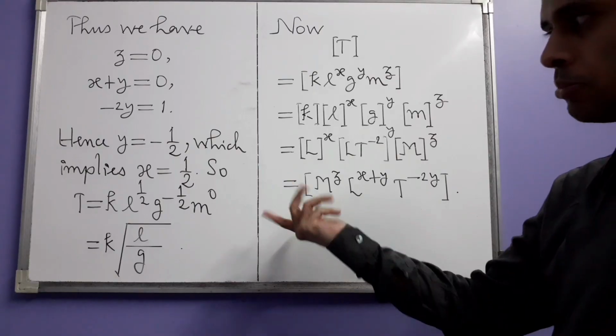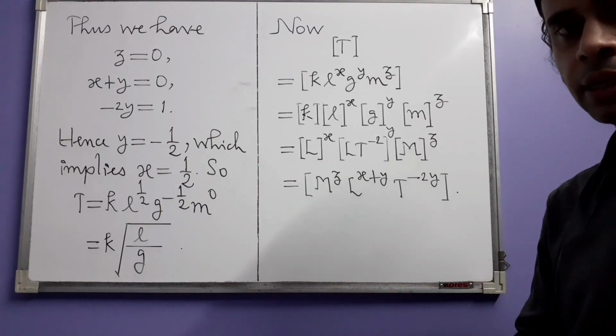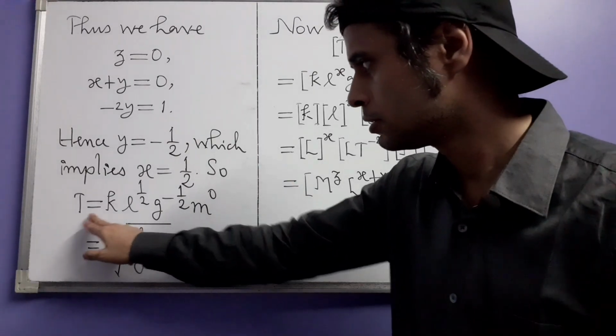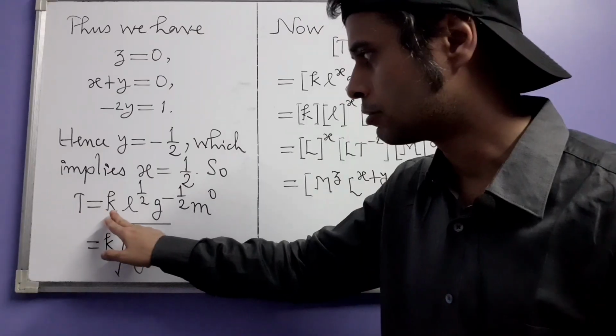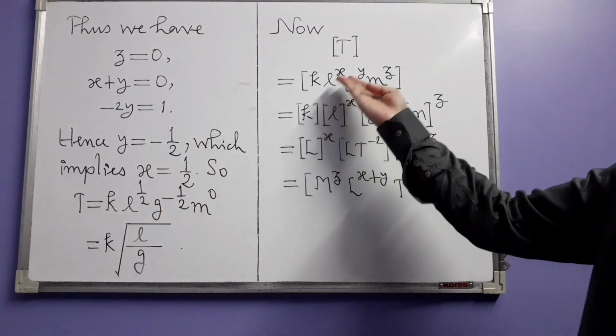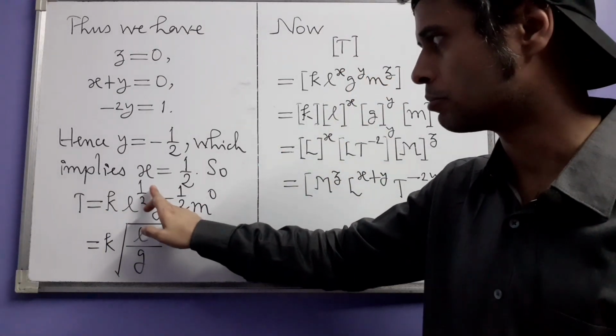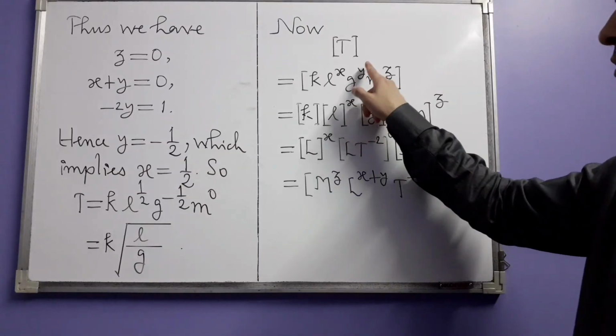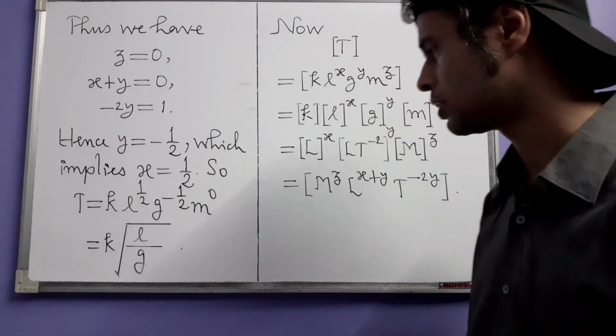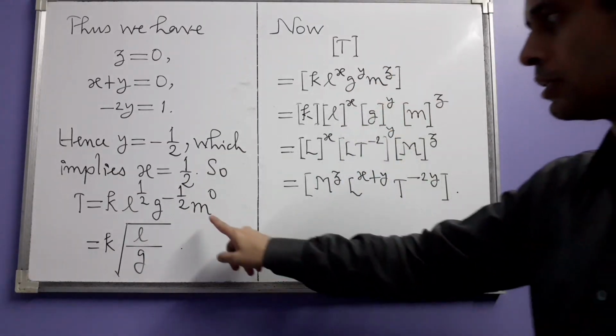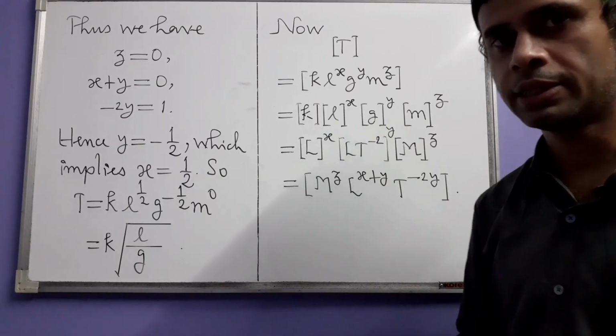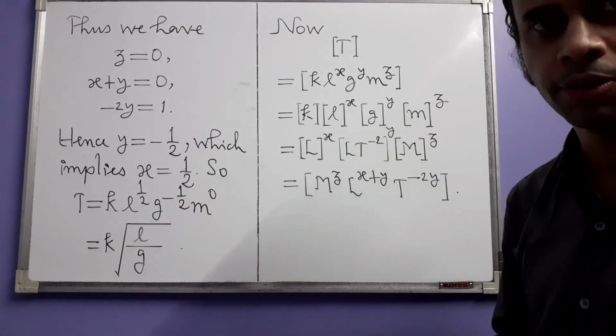So now you are going to put these values back in the original guess, which is this. T equals k times L to the power x, so L to the power 1 over 2, times g to the power y, g to the power minus 1 over 2, times m to the power z, m to the power 0. So you see that actually mass plays no role.